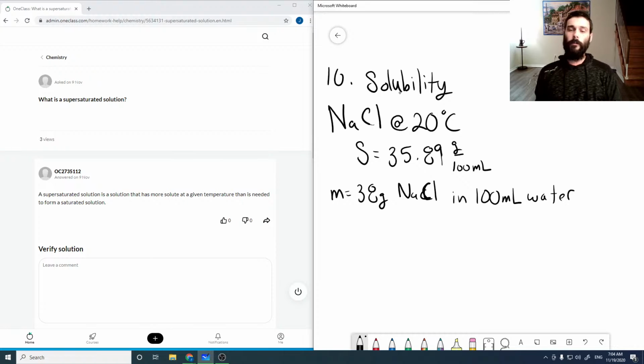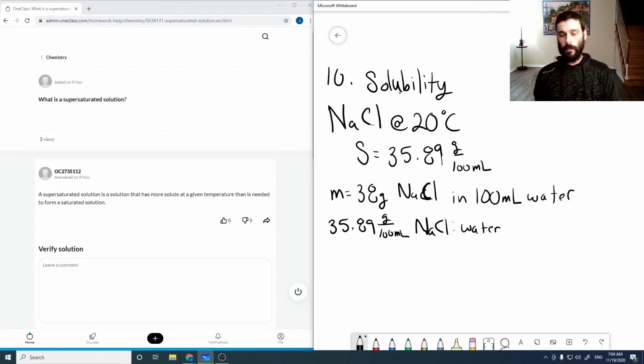we would have a 35.89 grams per 100 mil saltwater solution, and we'd have a 35.89 grams per 100 mil saturated solution.